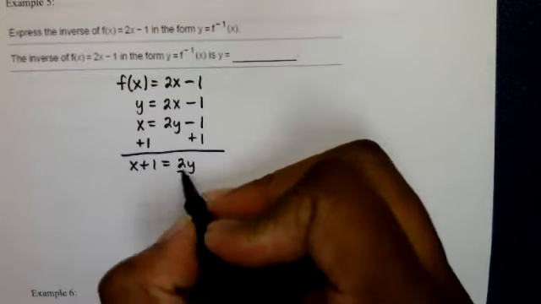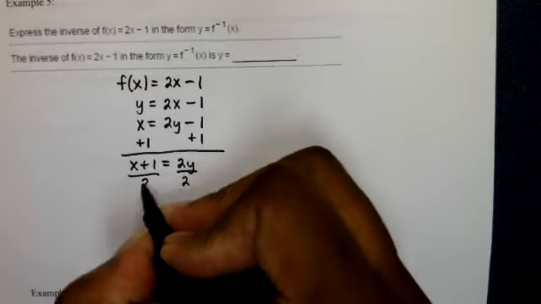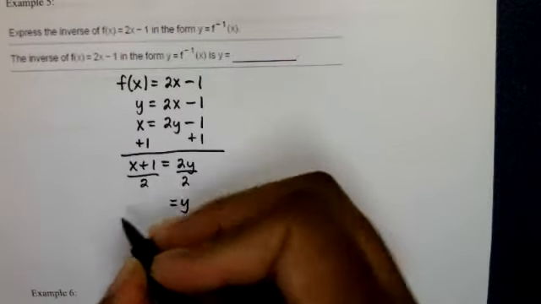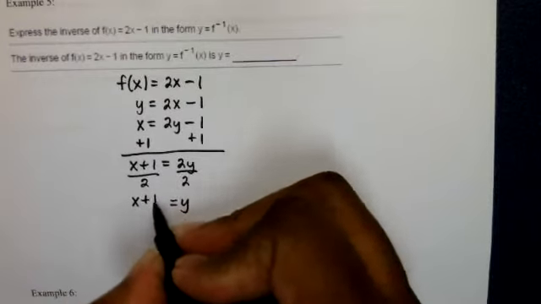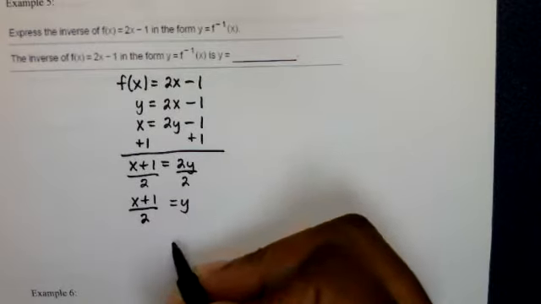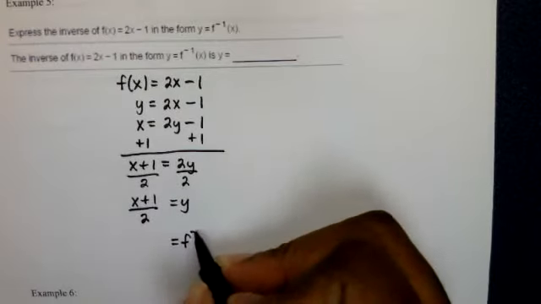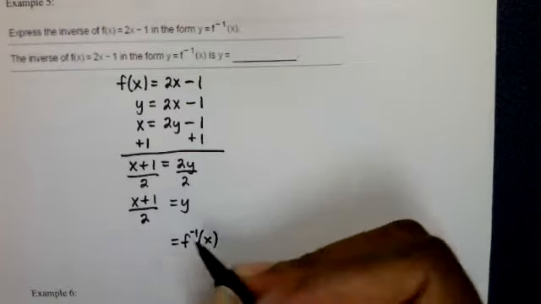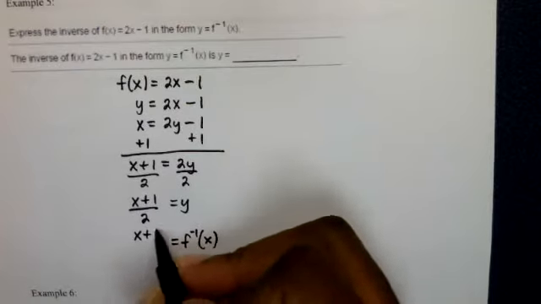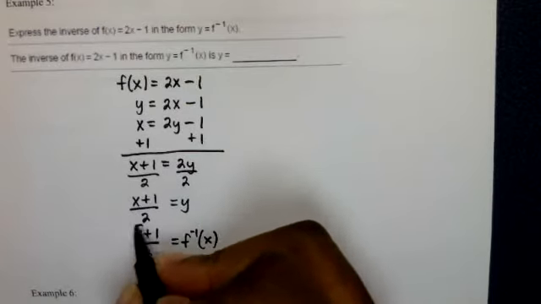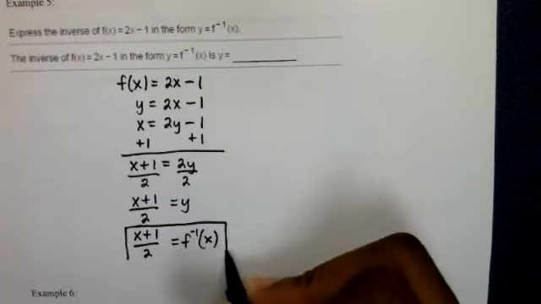And then to get y by itself, we divide both sides by 2. So that means y is equal to x plus 1 all over 2. And then replace the y with that f inverse of x notation. So f inverse of x will be x plus 1, the whole thing divided by 2.